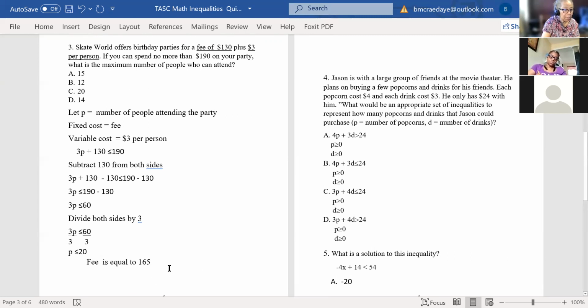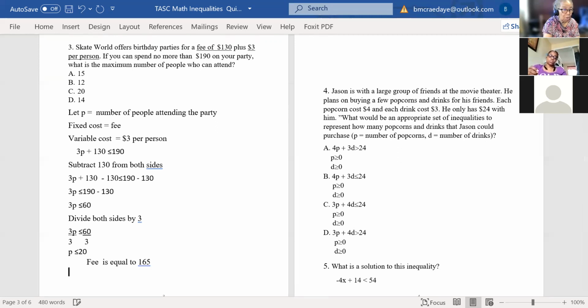The cost per person, I'm going to change that to 450. This is $4.50.